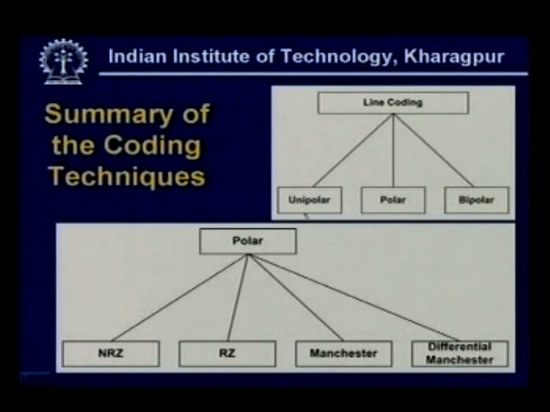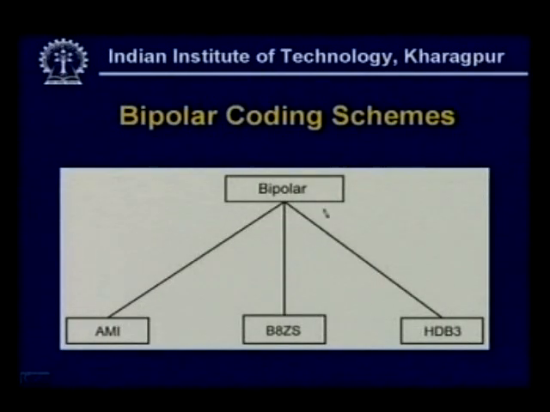Unipolar, as you know, is not really used, but the polar scheme has a number of different types like NRZ, RZ, Manchester and differential Manchester. All of these coding techniques we have discussed in detail. We have also discussed one particular technique of bipolar encoding, that is AMI, alternate mark inversion, that we have discussed in detail in the last lecture.